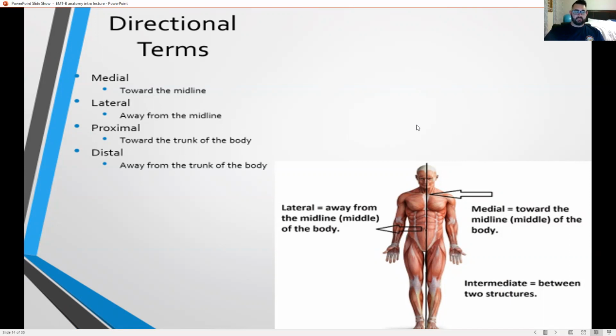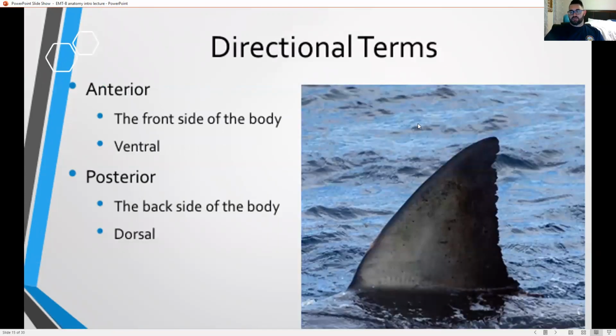All right. Now, some more directional terms we need to talk about. Anterior always means the front of the body, but again, it has another name. Anterior and ventral both mean the front side of my body. Now, posterior means the back of the body.